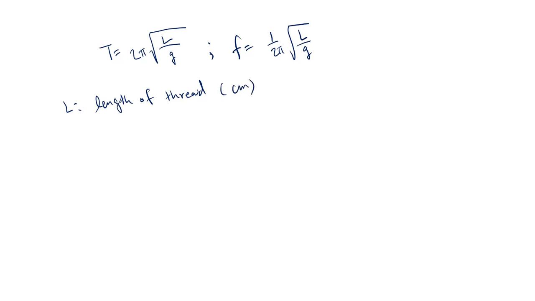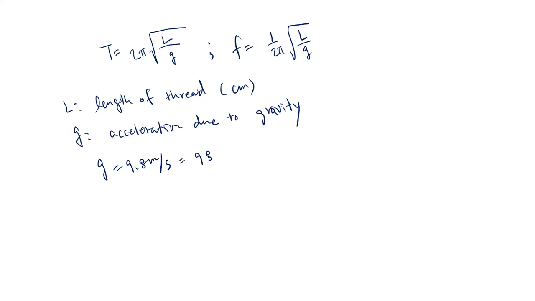And what about g? g is the acceleration due to gravity. You have to use 9.8 meters per second squared, but we can use 980 centimeters per second squared because we use the centimeter unit.